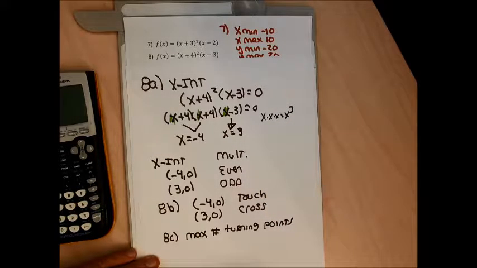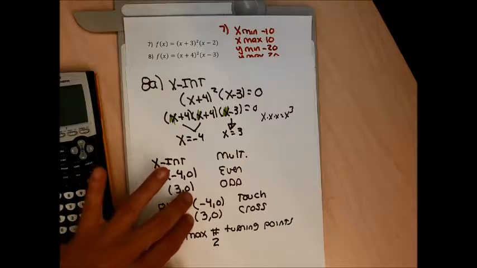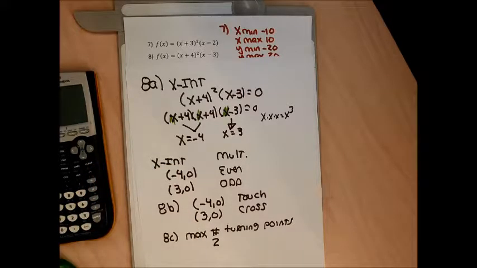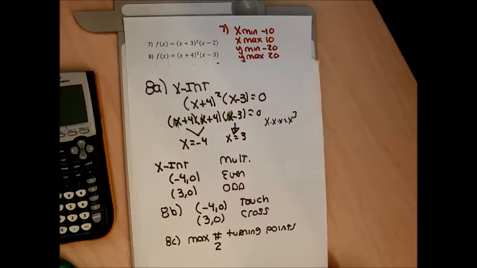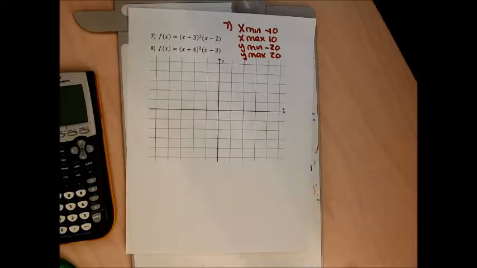The maximum number of turning points is 1 less than that, so the maximum number of turning points is going to be 2. That's everything for this screen, and part D is to sketch a graph labeled the x-intercepts and the turning points. Turning points I don't have yet, so I'm going to work on getting the turning points. X-intercepts I do have. Negative 4, 0, and 3, 0.